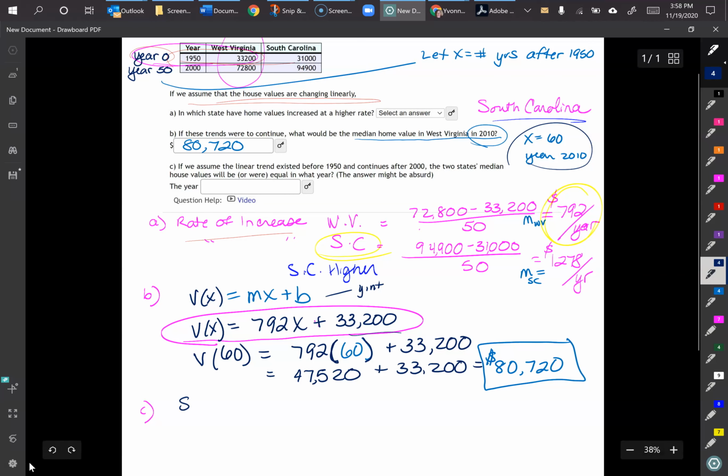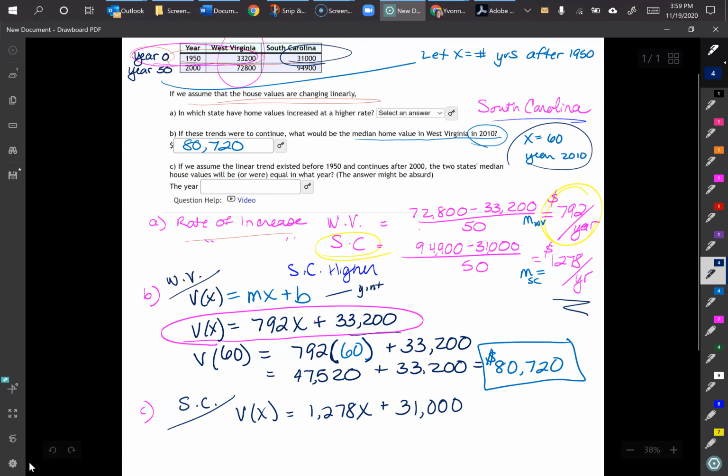This is for South Carolina, and this one was West Virginia. So my value is going to be 1,278x, because I already have the slope calculated out from part A. Then plus my y-intercept, 31,000.